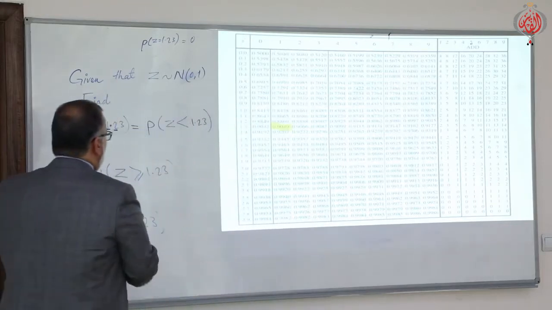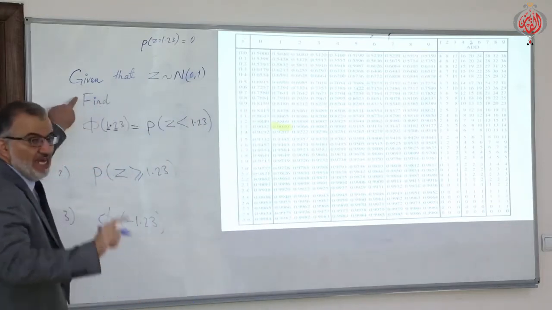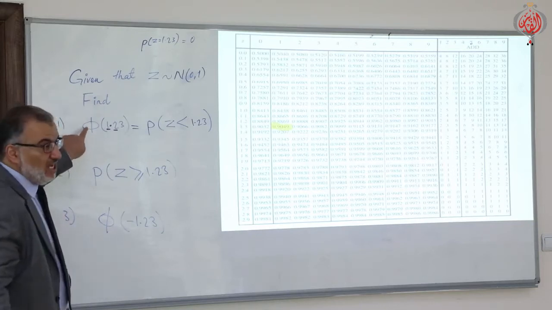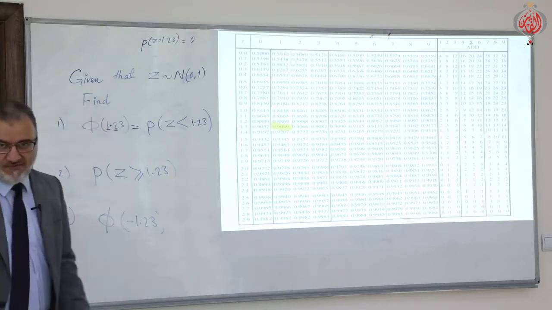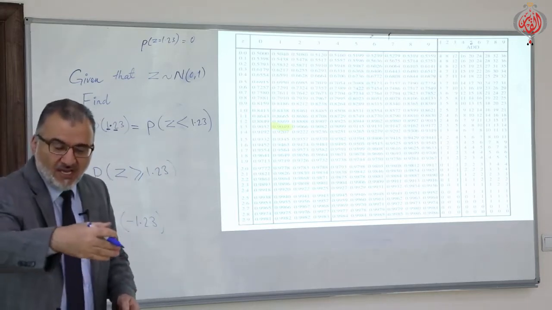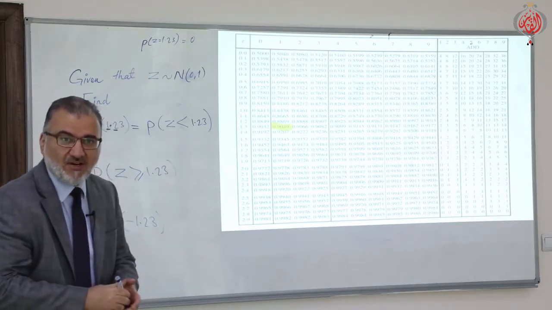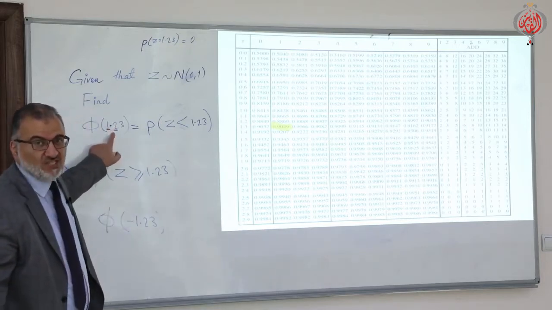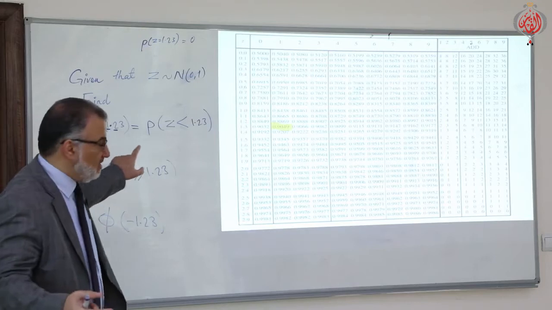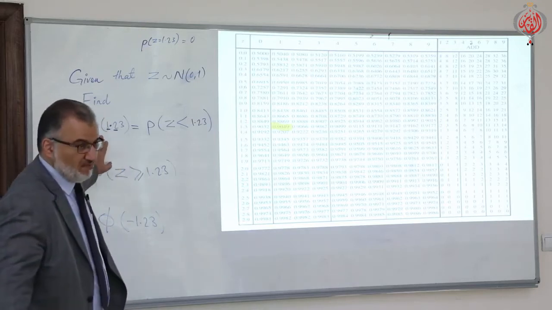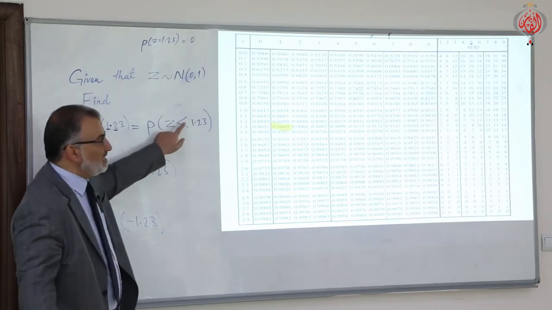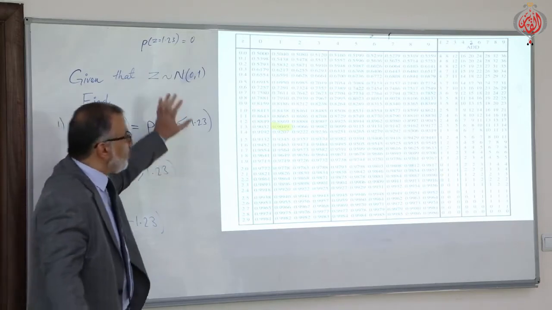Okay, how to find? Always you will be able to find the value of phi if what is inside it is positive. I will give you extra exercises about what to do if what is inside the phi is negative, when we are dealing with negative values of Z. But let's start with the positive. So what is the meaning of phi 1.23? It means probability of Z less than 1.23.